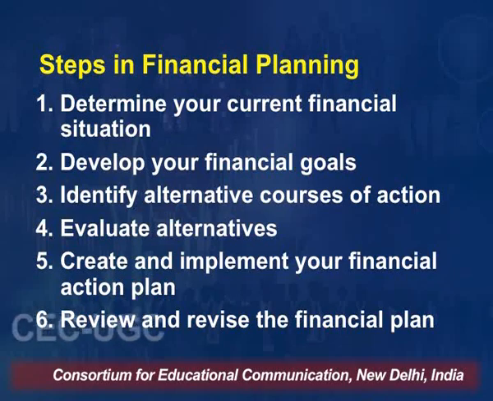When I say review and revise, see, no investment, no financial goal is a static term. It keeps on changing. Supposing something happens in the family, a new member joins the family, right? So obviously you have to review your expenses, your savings, and your investment. So it's a dynamic concept.